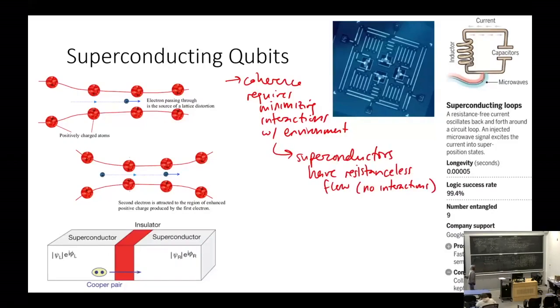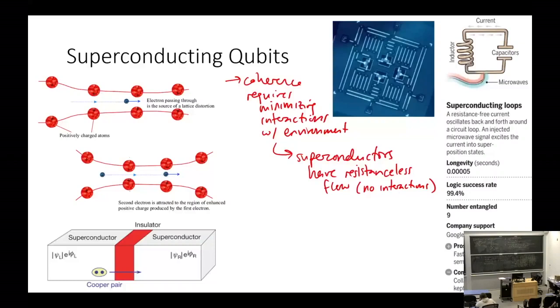Just really briefly, the way I think about a Cooper pair as an experimental chemist is, when you have an electron in a lattice, the positively charged ions that make up the lattice will be attracted to that electron. So there's a region of local positive charge that's built up as the electron is moving through the material.